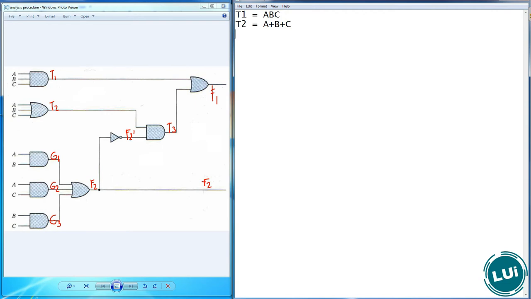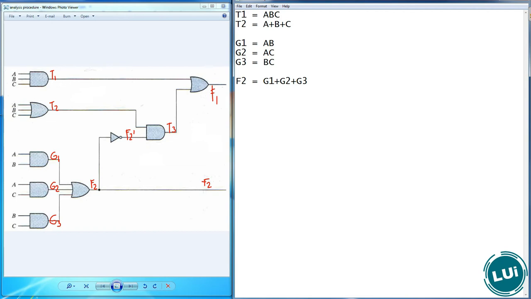We also have G1, G2, and G3. So G1 is A and B, G2 is A and C, and G3 is B and C. On the next layer, or next level, we have F2, which is equal to G1 or G2 or G3.